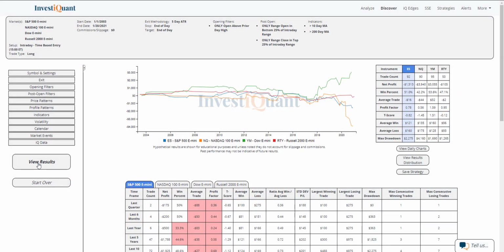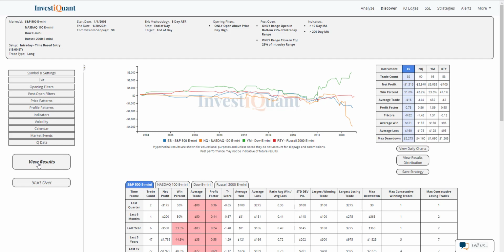And here we go. These are the results of going long at 3 p.m. Eastern time, exiting at the close, which is 4:15 p.m. Eastern time, when you gap above the prior day high at the open. And then from the open until 3 p.m. Eastern time, the open is in the bottom 25% of the range, and the 3 p.m. price is in the top 25% of the range. So it is a directional candle that is green forming on the day.